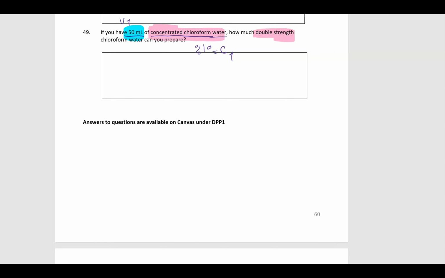So my C2 is 0.5. So that's the second volume. I'm looking for this.